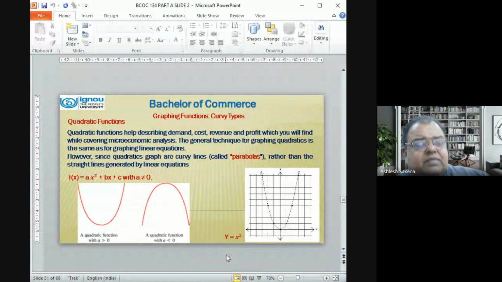And if I put x equal to minus 1, again I get y equal to 1, so it will be on the other side. If I put x equal to 0, y is 0. That means it is a U.